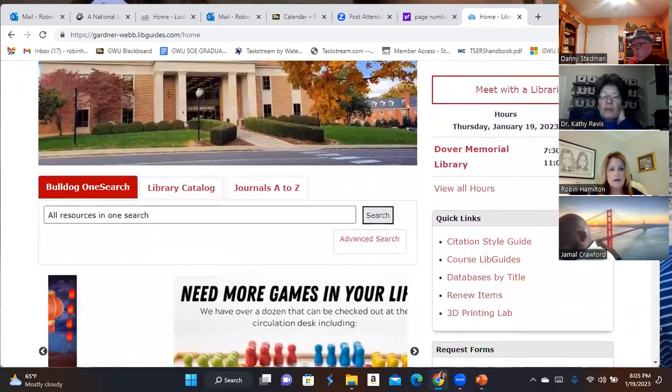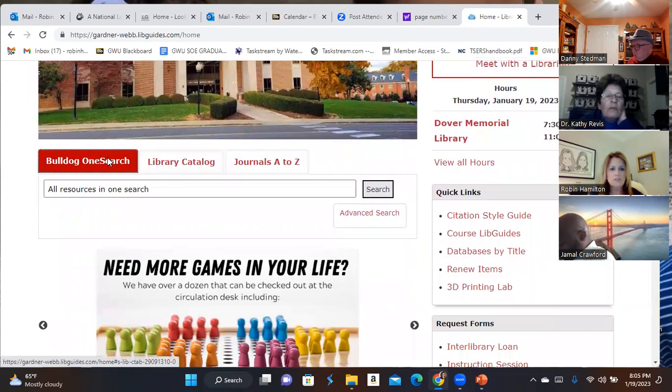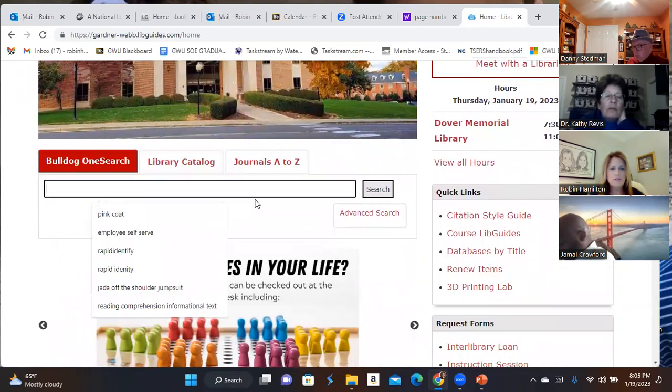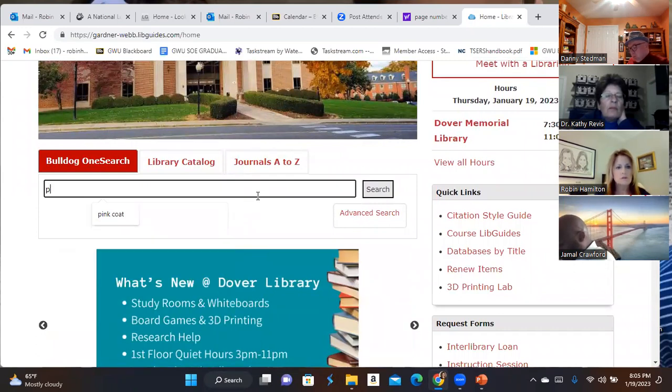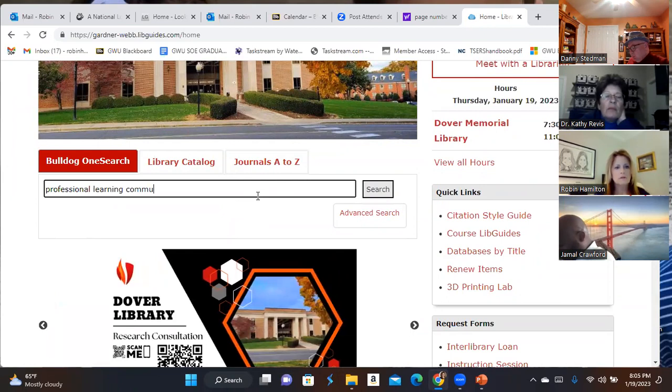This is your Bulldog One search bar. So anything that you want to search here, you can. Professional learning communities.